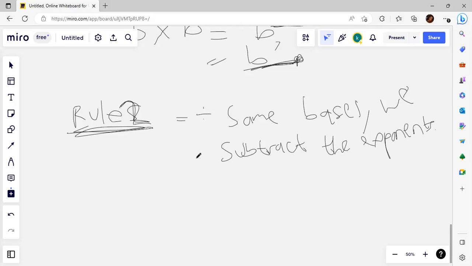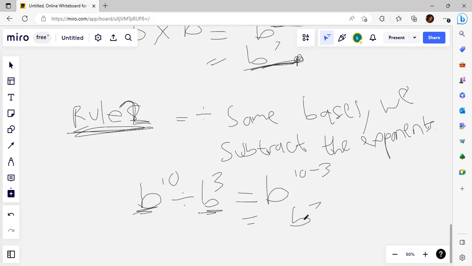Let's use our b still. For example, let's say we have b to the power of 10 divided by b to the power of 3. They have the same base, meaning we just subtract the exponents. It's going to be b to the power of 10 minus 3, which gives us b to the power of 7.